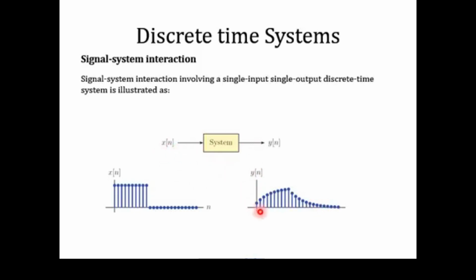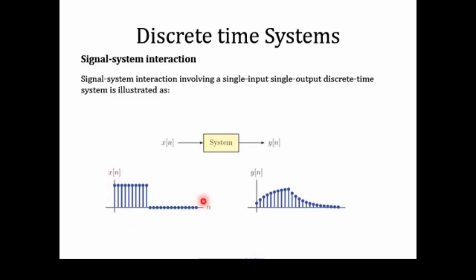Now, what will be the exact shape of y of n? It will depend on the system characteristics, because y of n will follow what exactly the signal processing operations we have implemented on it, or for what purpose we have designed this system. So depending on the system characteristics, we could have several possible shapes of y of n corresponding to the given x of n.